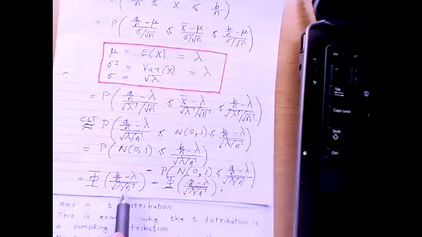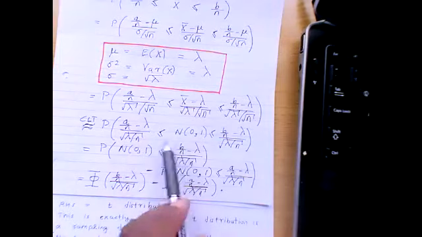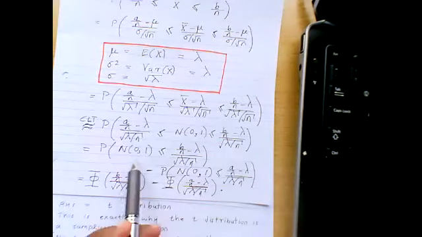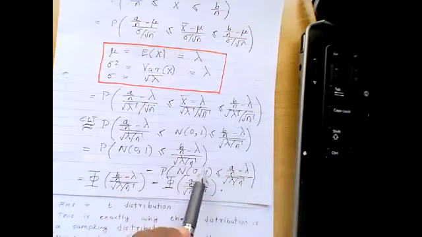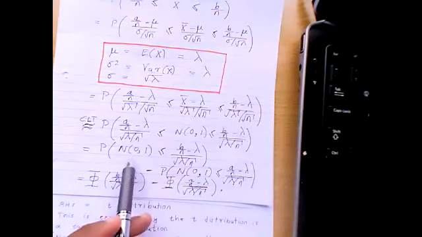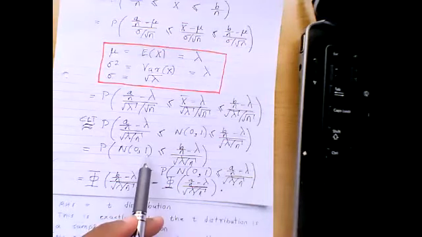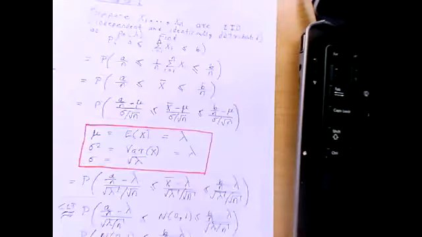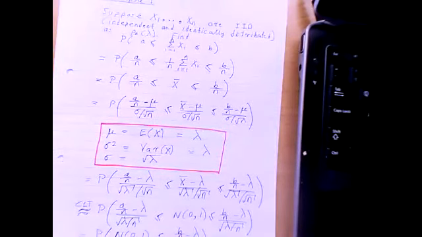The last bit is this one, guys. This probability here can be written as the difference of these two, right? And this probability here is the CDF of the standard normal. Yeah, the reason it becomes N(0,1) is because of the central limit theorem.